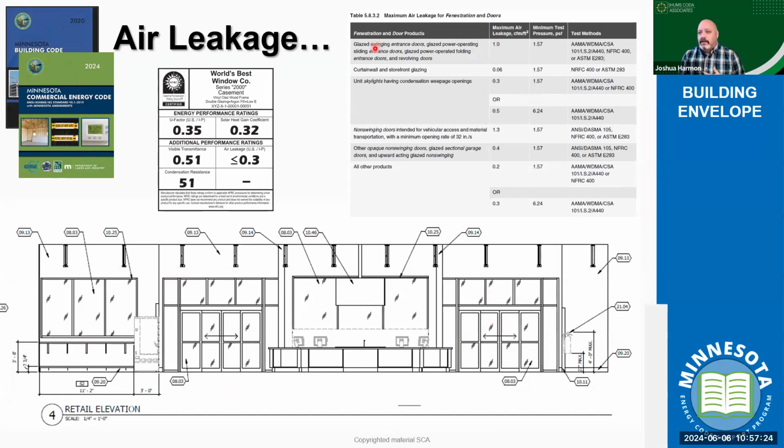I'm expecting the code to provide maximum air leakage rates for different types of windows that are either brought on site or constructed on site. It also provides recognition of the different NFRC calculations and standards we can use to calculate on-site values.